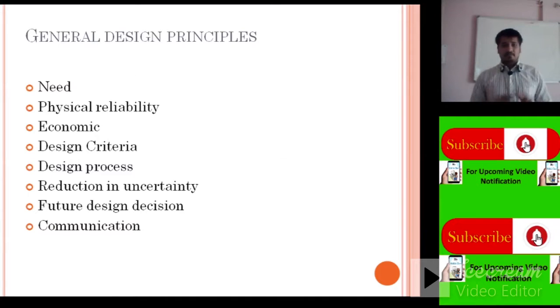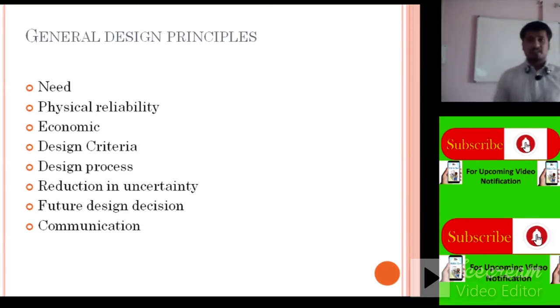All these are general design principles, and we are going to discuss in the next lecture the phases of design and the general design procedure.